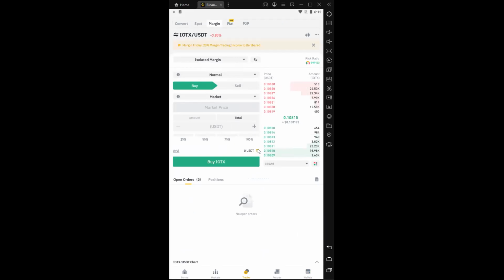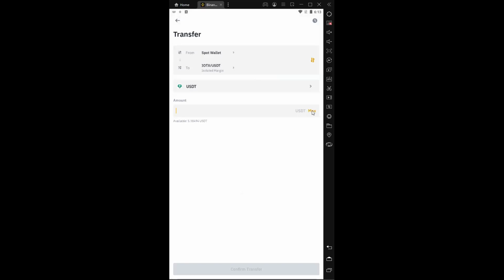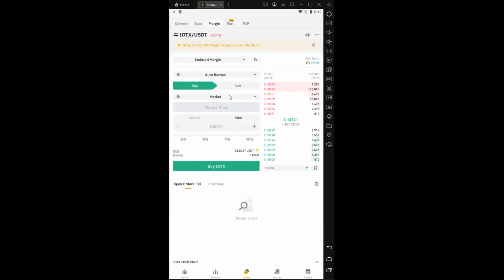This is where you press transfer, and then you send the money you want to use from your spot to the isolate margin. You confirm it. Then, instead of selecting normal buy, what you select is auto borrow. You can see that my $5 is now $25 because I'm using a leverage of 5 times.